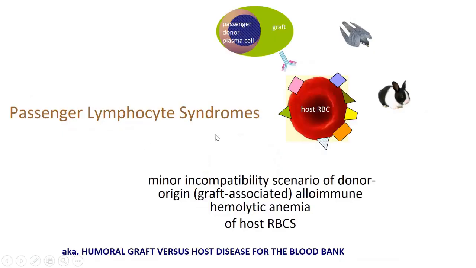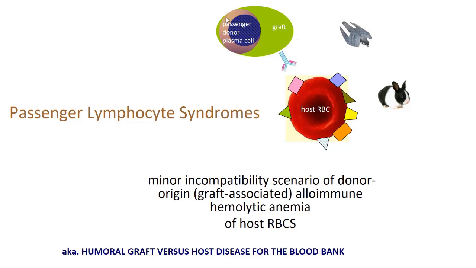Now, passenger lymphocyte syndromes are the active example of this scenario. You might be getting a graft that comes from a person who is screen positive for an antibody that is relevant to the host's red cell type. For example, a D positive recipient of an allograft from a D negative donor who is already anti-D sensitized.